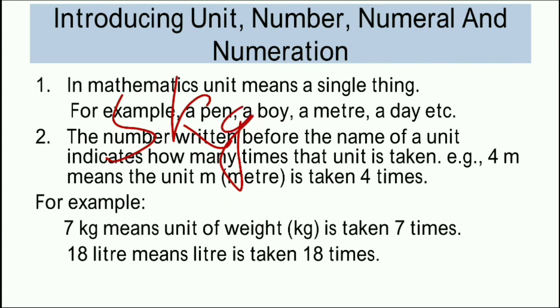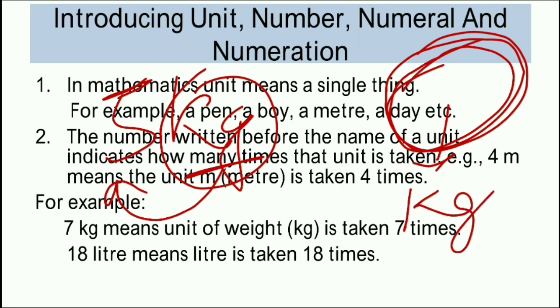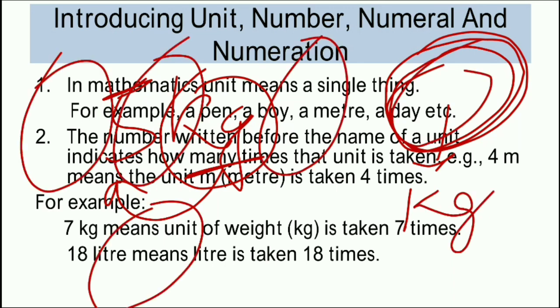Before the unit 5 is written, so kg is taken 5 times. Suppose a particular quantity of a thing has been assumed as a kg, and that will be taken 5 times. It means repetition of that unit.